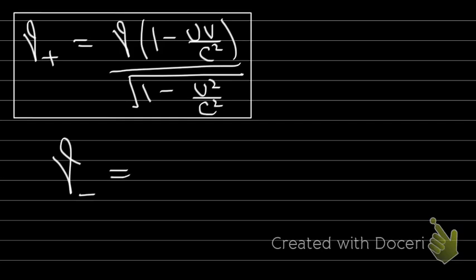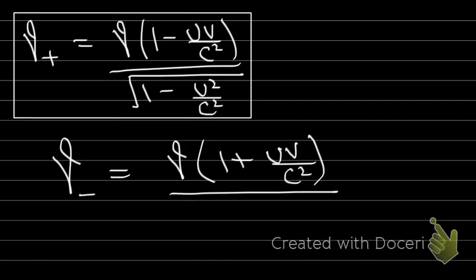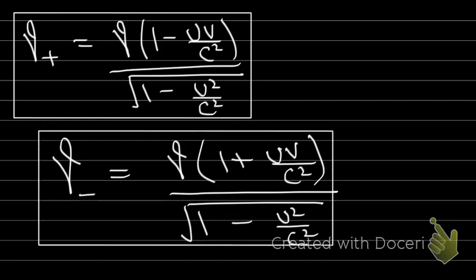So gamma minus is equal to gamma times 1 plus uv over c squared divided by the root of 1 minus u squared over c squared, right? And so this over here is your gamma minus.